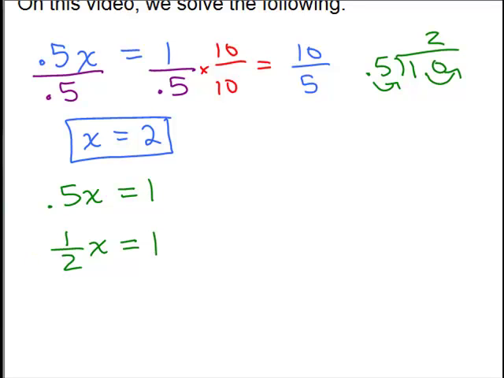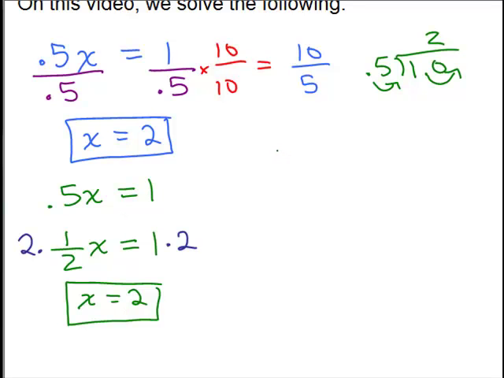And then multiply both sides by 2. That's the reciprocal of 1/2. Or you could say that you're going to multiply by the least common denominator, which also happens to be 2. So no matter which way you're thinking about it, it ends up looking like times 2 on both sides. And we get x equals 2 that way as well. So same problem, different way of getting the answer.